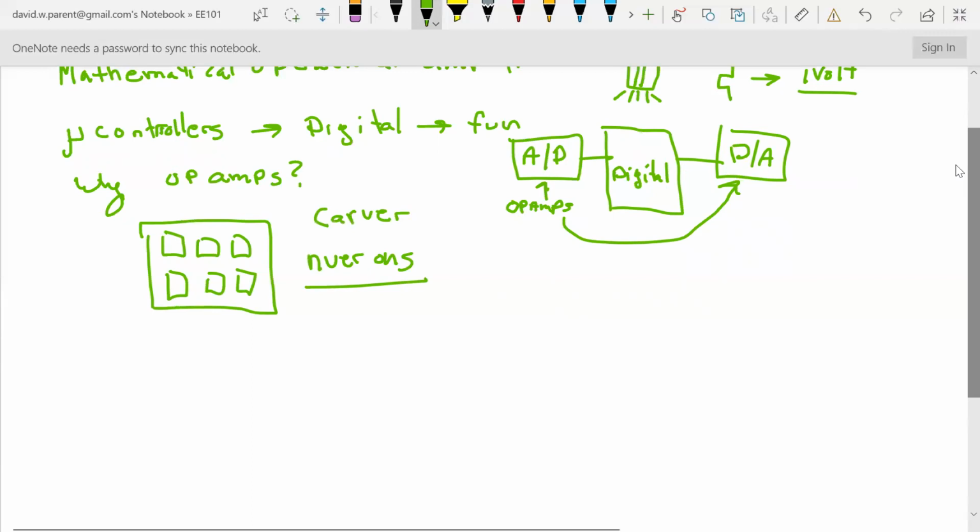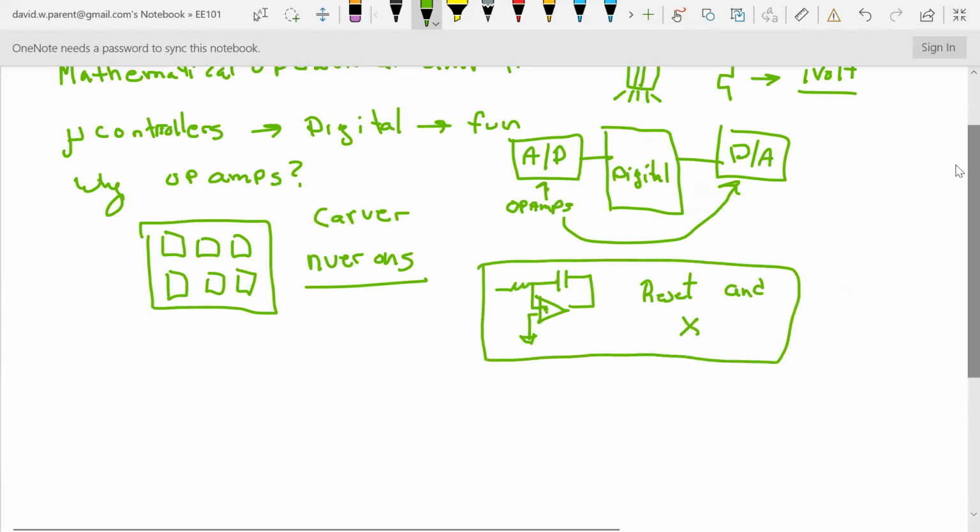The neurons that I use in my research are based on an integrator, and there's more than one way to do an integrator, a reset circuit, and a multiplier, which all depend upon some kind of op amps.